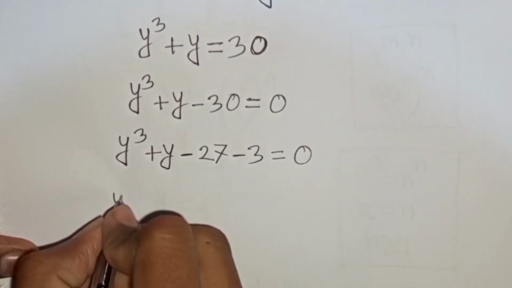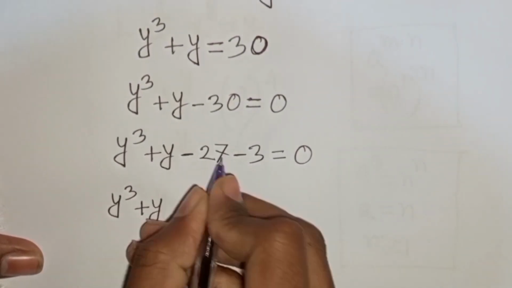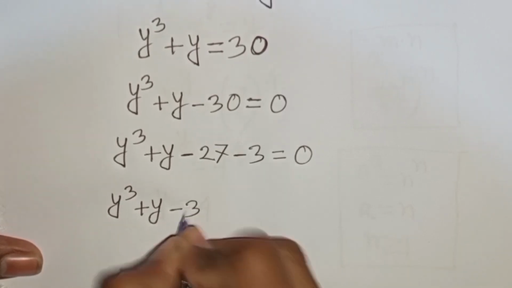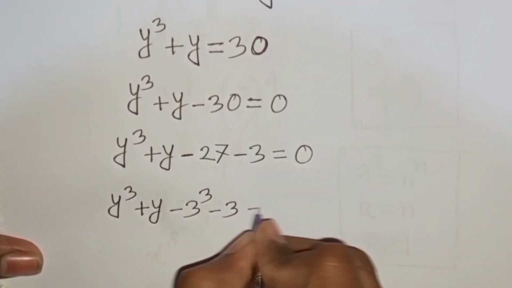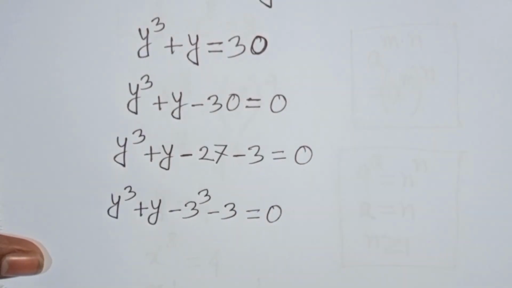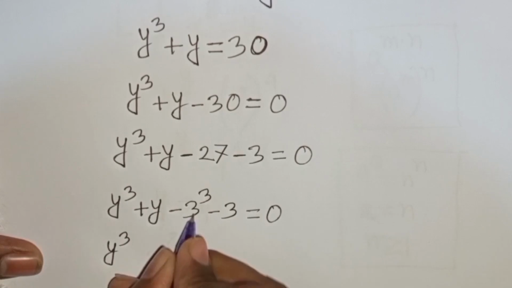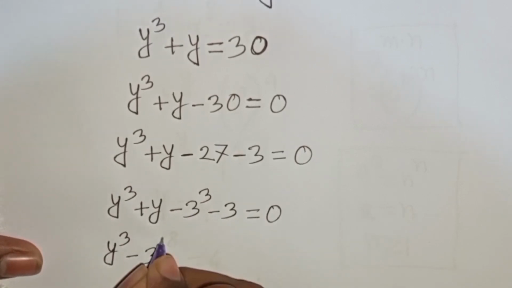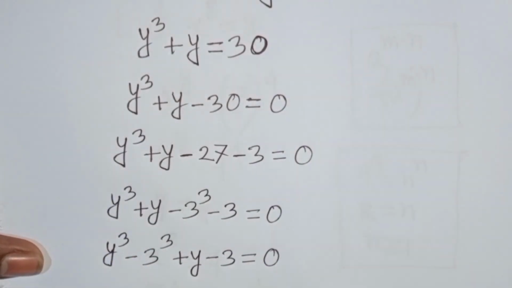Now we have y cube plus y, then minus 27, which is the same as minus 3 cube, then minus 3 is equal to 0. Now we have y cube minus 3 cube plus y minus 3 is equal to 0.